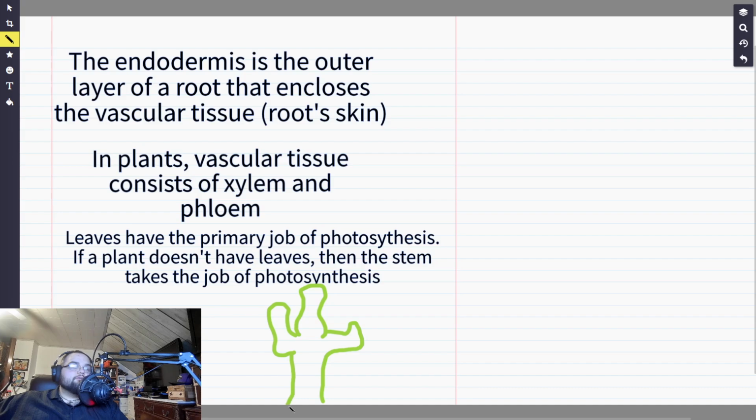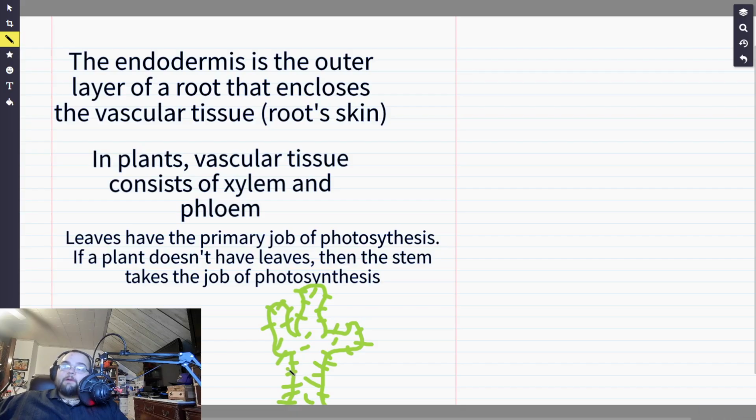The cactus grows in the desert, and it was very inefficient to grow leaves because that takes too much energy and too much water. And so the plant that survived and managed to evolve in the form of the cactus was just a giant stem. The stem still needs to make the food. The stem took the job of photosynthesis.